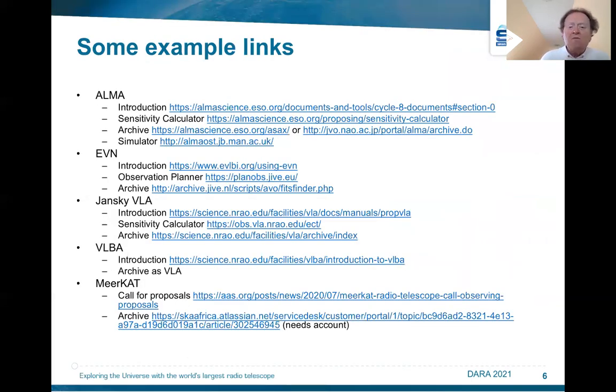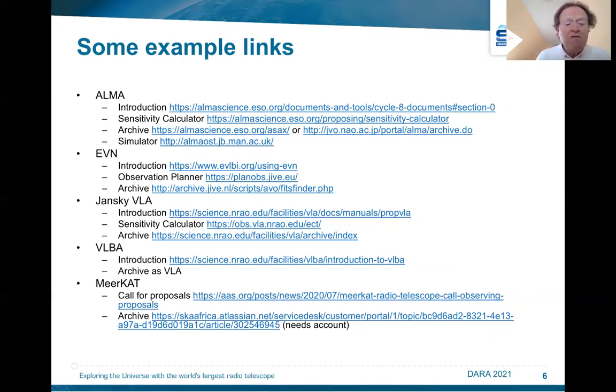Now, as I promised, is a list of example links. Obviously, I won't go through these, but they're here for your reference later. What I've tried to list here is for each telescope, at least a reference to an introduction to observing with a telescope, a link to the sensitivity calculator for that telescope, and a link to the archive where you can get old telescope data and have a look at the type of data that you can get with that machine, either for your own source or for related targets.